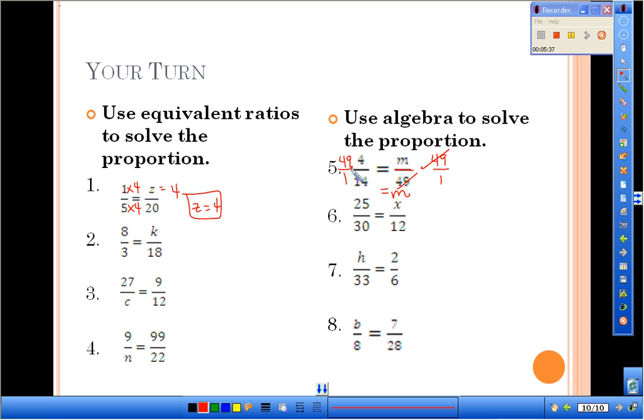Then over here on the left side, we'll have to do a little bit of math. 49 times 4, and I'll come over here to write since I'm running out of room. 49 times 4 is going to give us 196, and 1 times 14 is going to give us 14. So this is 196 divided by 14, which equals 14. M equals 14. So please use this method for 6, 7, and 8. We will check your answers tomorrow in class.